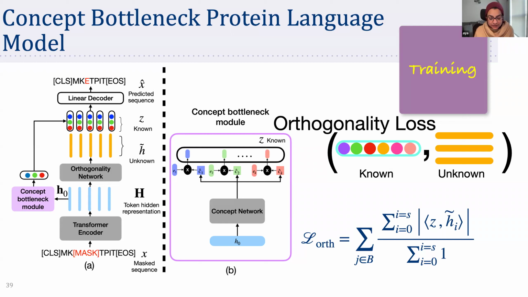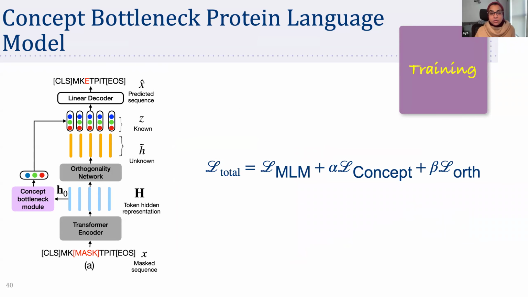By minimizing these two, you create an unknown embedding that does not have information about the known. And so our total loss is just the masked language model loss, the concept loss, and the orthogonality loss.